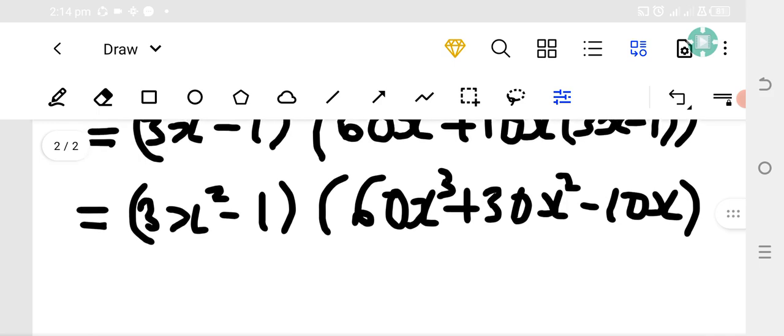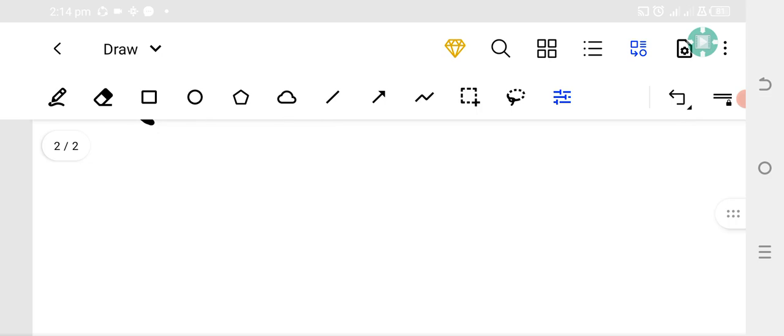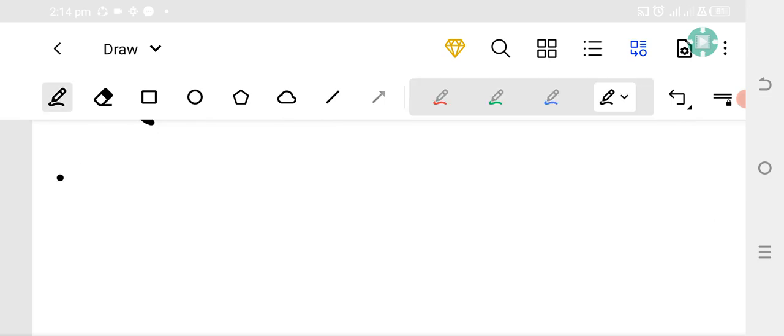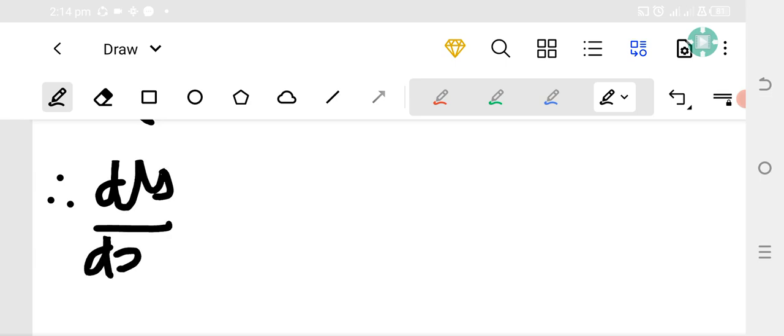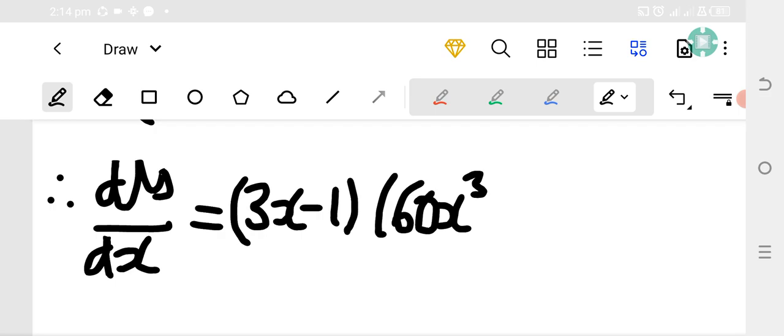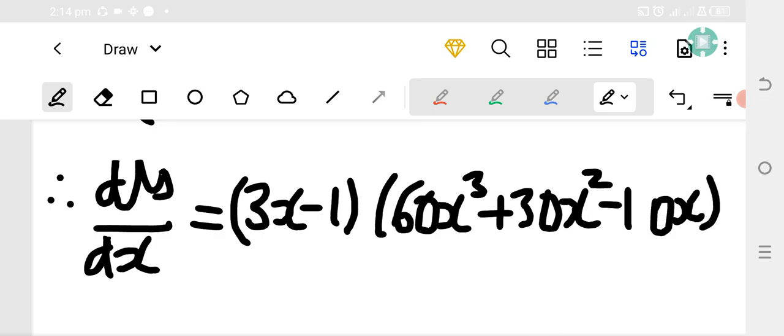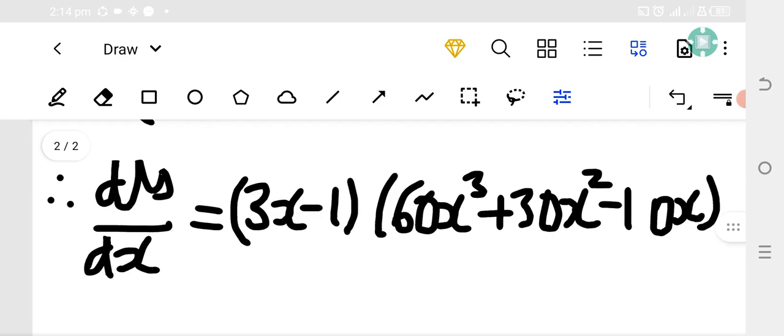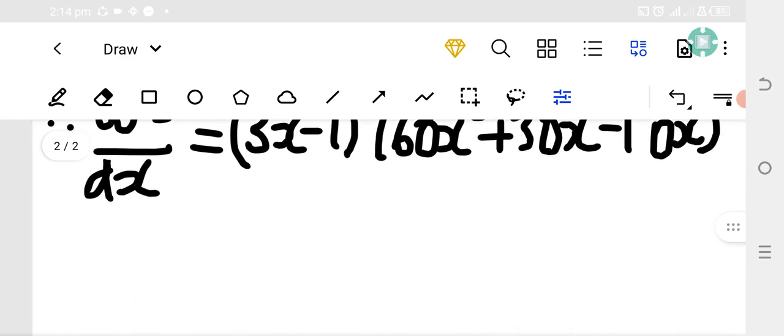We can, but it's better to leave it like this because it's in its factorized form. Therefore dy/dx is equal to (3x squared minus 1) in one bracket, multiplied by (60x cubed plus 30x squared minus 10x). This is your final answer.